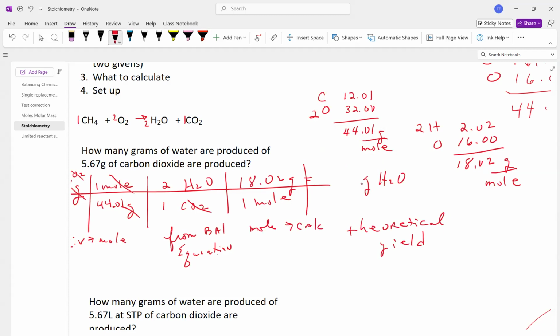So what we're generating is a theoretical yield. If everything went perfectly in this reaction, we would get what we're going to calculate in a second here.